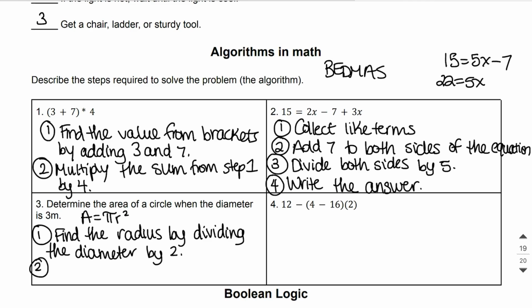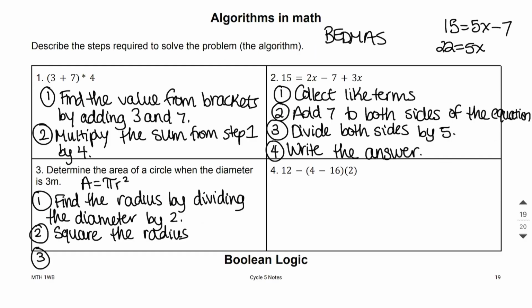Then I would take the radius and square it. And then lastly, I would multiply the results from step 2 by pi.